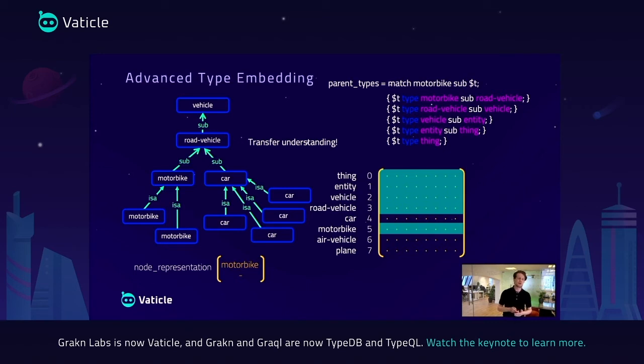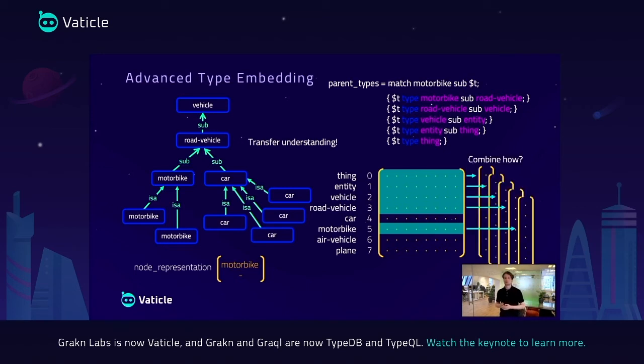Now, I think there's probably quite a lot of ways that we could approach this, because what we need is a way to arrive at one fixed size vector representation, regardless of how deep our type hierarchy is.